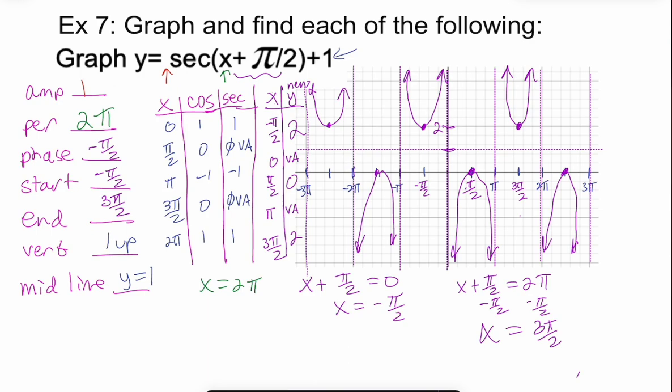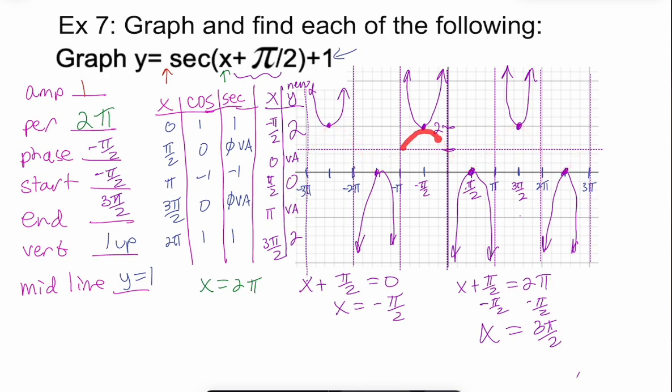So that is what a secant looks like. In some ways, they go a little bit quicker than a sine or a cosine, but you just have to think about what the cosine value is and then go from there. So that is your first secant graph, it is bouncing off of the cosine, which technically lives right here, and it's bouncing.